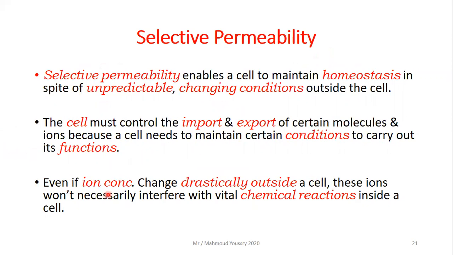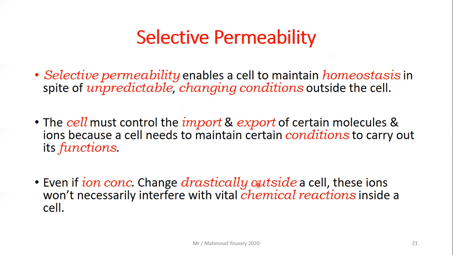Even if ion concentrations change drastically outside the cell, these ions won't necessarily interfere with vital chemical interactions inside the cell. This is maintaining homeostasis, a stable internal environment that allows the cell to carry out its life processes and functions.